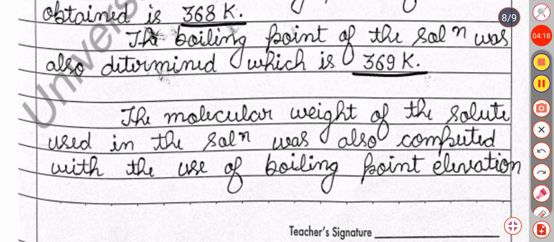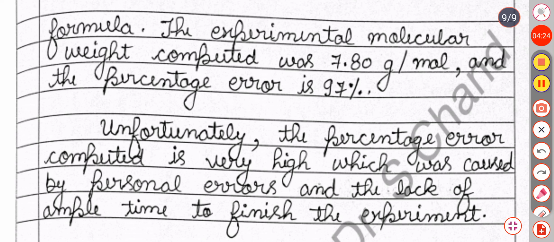The molecular weight of the solute used in the solution was also computed with the use of the boiling point elevation formula. The experimental molecular weight computed was 7.80 gram per mole and the percentage error was 97%. Unfortunately, the percentage error computed is very high, which was caused by personal errors and the lack of ample time to finish the experiment.